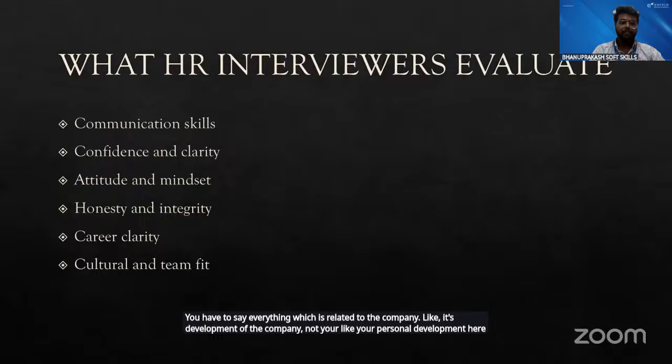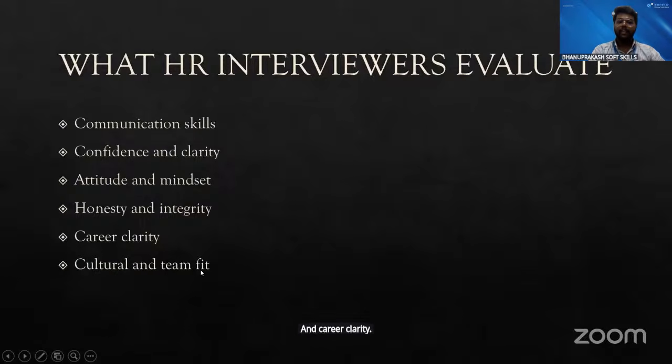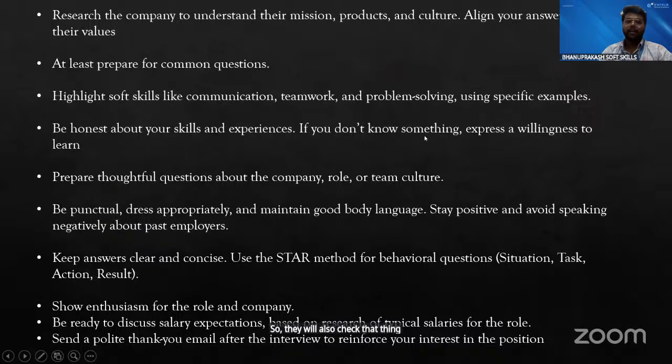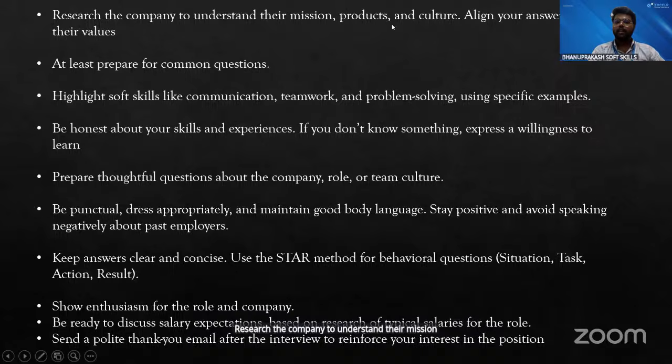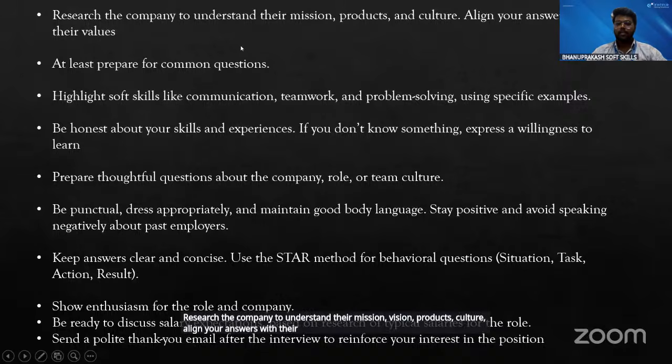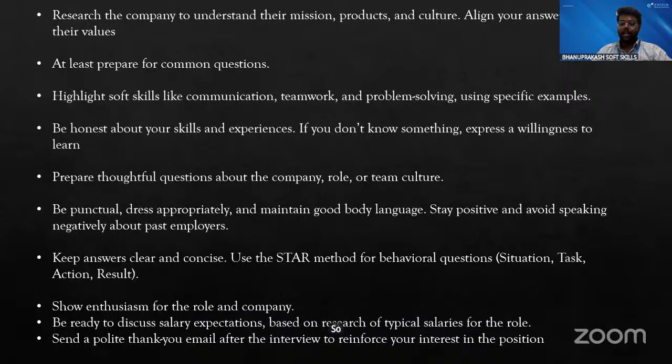And career clarity, cultural and team fit is also very important, so they will also check that. Next, here you can see a few points. Research the company to understand their mission, vision, products, and culture. Align your answers with their values. They will find your answers very good only if you use their vision and mission.